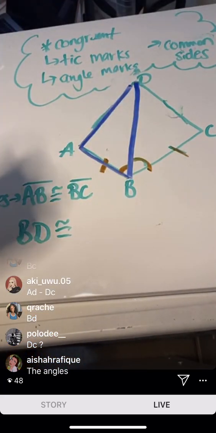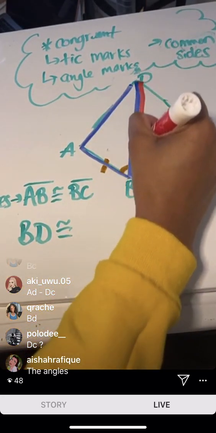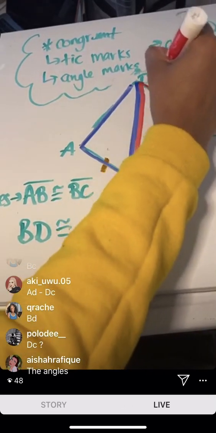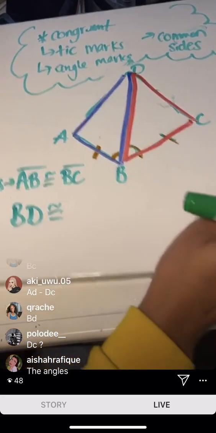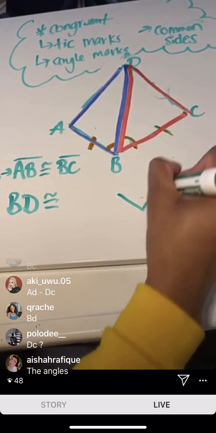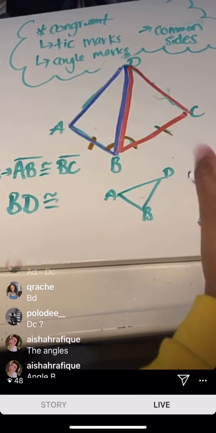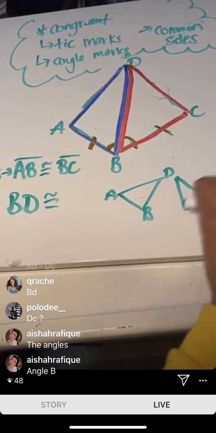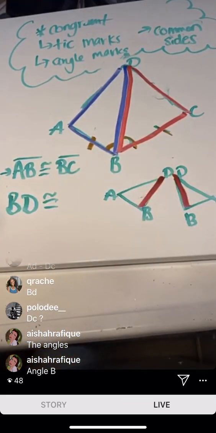And BD is also a part of the triangle on the right. So that means that BD is going to be equal to itself. Because if I were to split these two triangles up, like if I had ABD and BDC, this side goes with both triangles. So BD is congruent to itself.